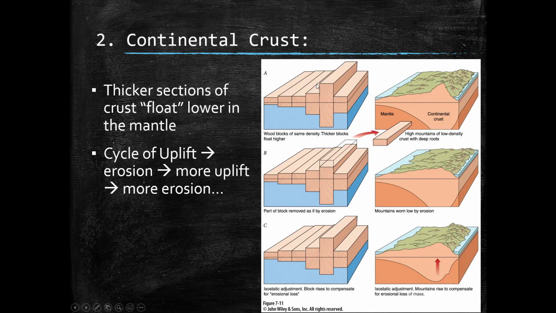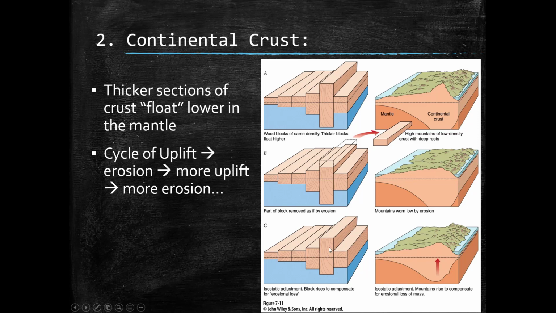As these higher elevations shed sediment on either side of the mountain range, it will cause that chunk of crust, the center of this mountain, to float upwards because it no longer weighs as much. If we erode part of this block away, that block will weigh less and rise up in the crust.